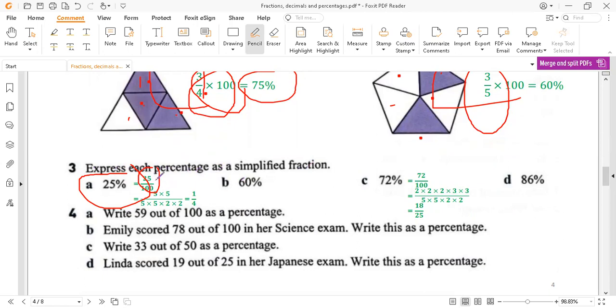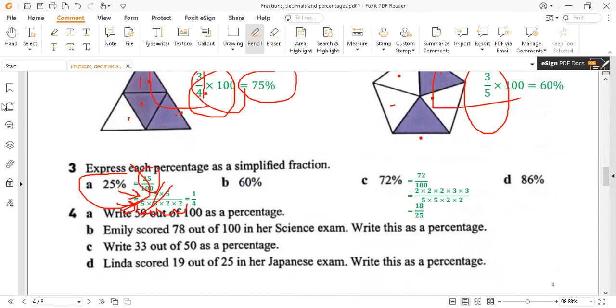We can, for example, write the numerator and denominator in prime decomposition, as a multiplication of prime numbers. We know that 25 is 5 by 5, and 100 is 5 by 5 by 2 by 2, and we simplify by the common factors from the numerator and denominator to obtain finally 1 over 4.